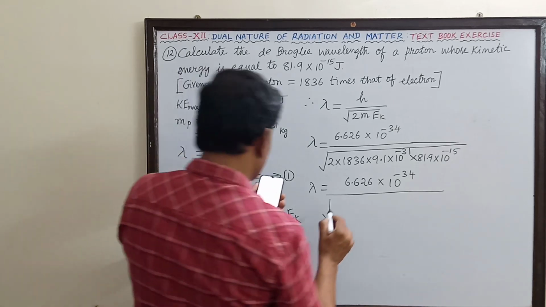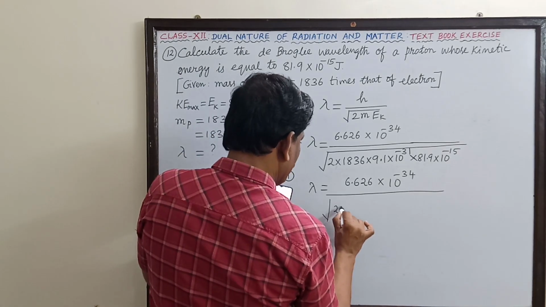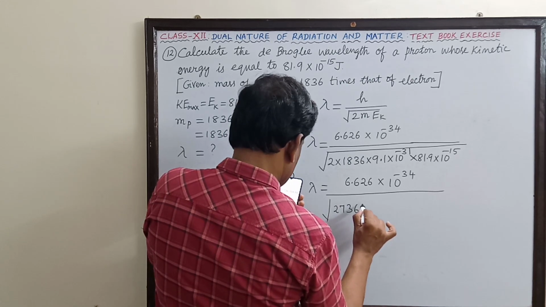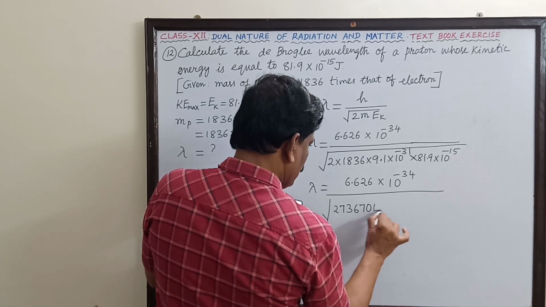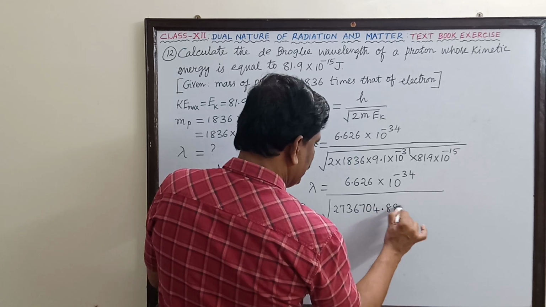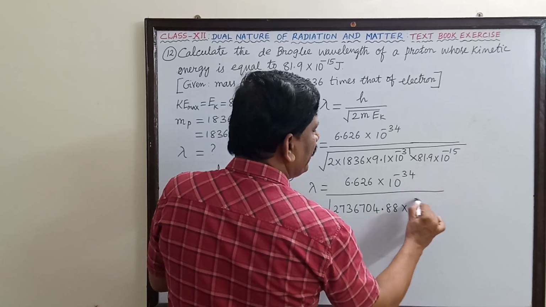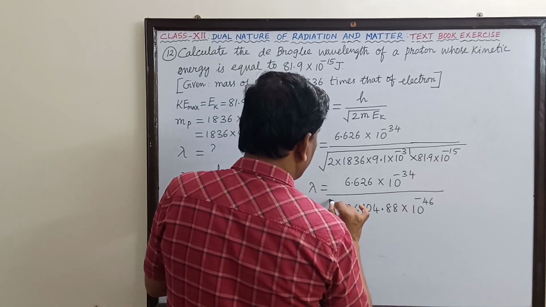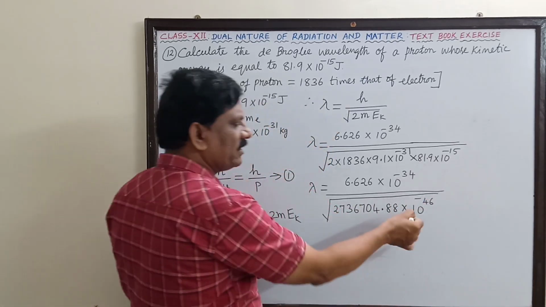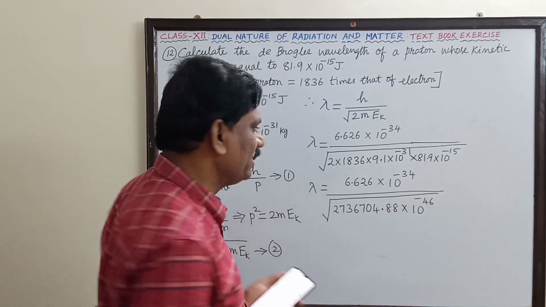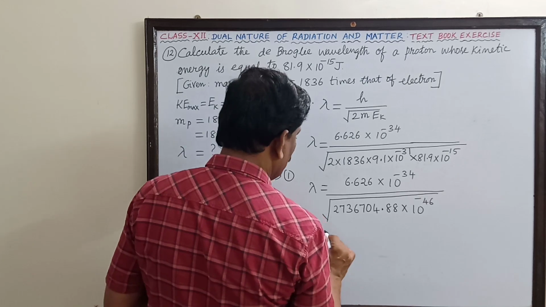A very large number is coming, 2736704.88 into 10 to the power of minus 31 minus 15, which will become minus 46. If you take the square root of minus 46, it will come as minus 23.